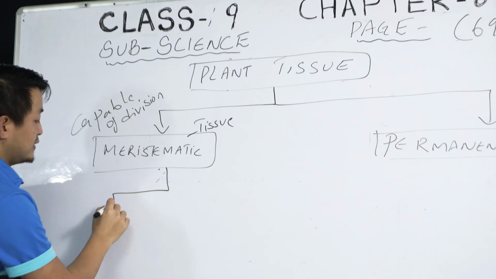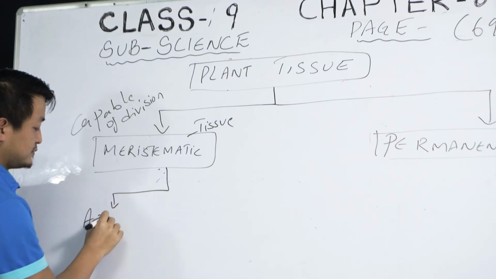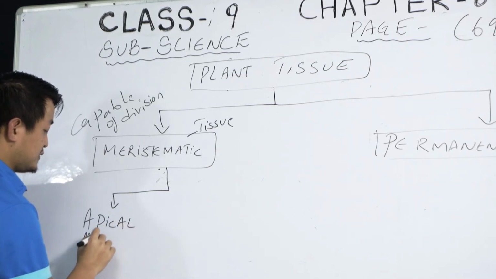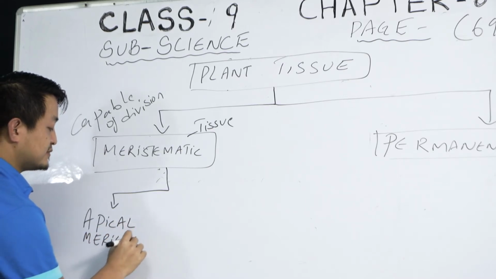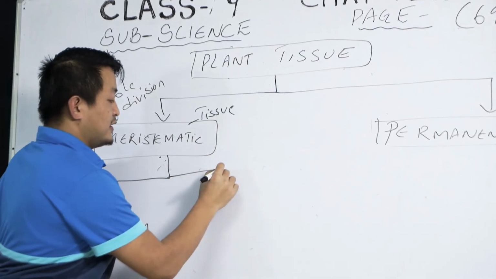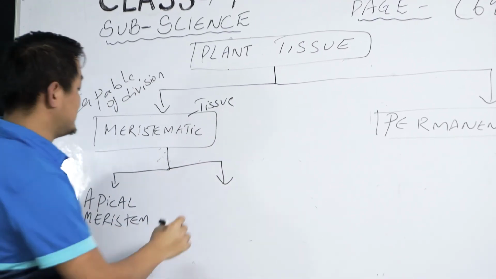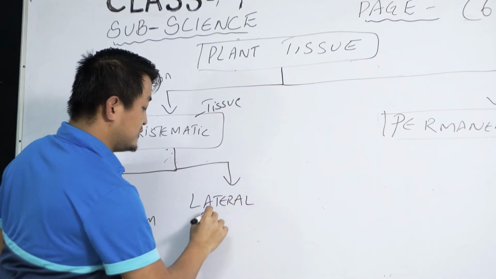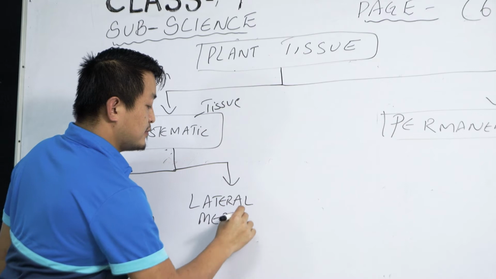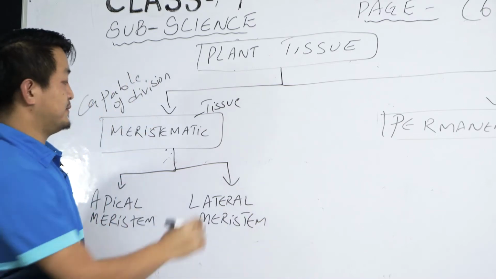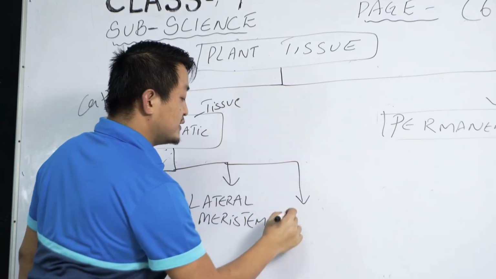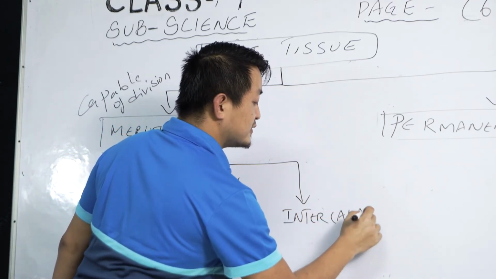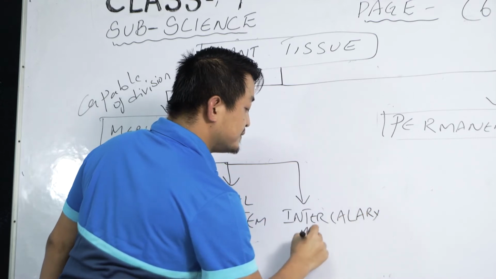That would be apical meristem, okay? Now, here we'll have lateral meristem, and the third type would be intercalary meristem.